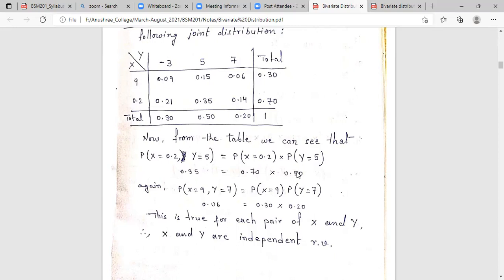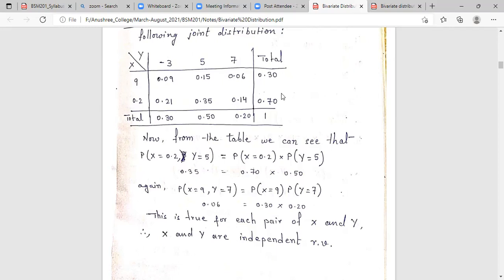But this is not true for each and every pair by itself, so let me select another pair where x equals 9 and y equals 7. At that time Pij will be 0.06. And probability x equals 9 into probability y equals 7 is 0.30 into 0.20, which is also 0.06.